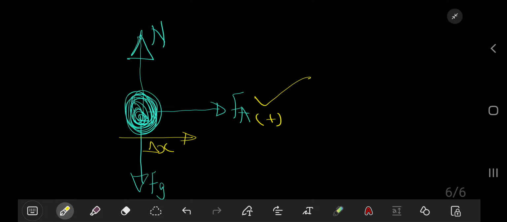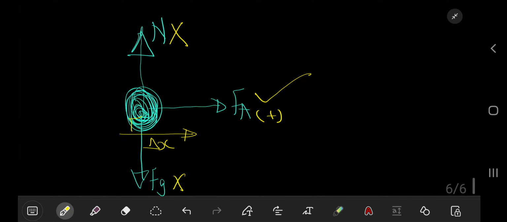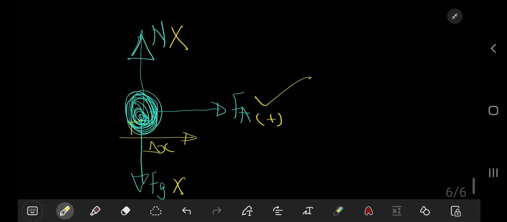But the normal force is perpendicular to the direction of the displacement. That does not do work, and neither does gravity. But now the aim is to explain why we say these two forces do not do work.